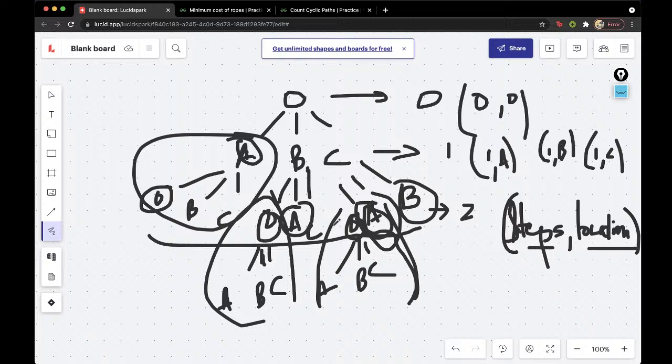Okay, so a permutation is, given n elements, you can permute them in any way. But here the n elements aren't fixed. Suppose you have O and A, and O and B. These both have two different permutations.